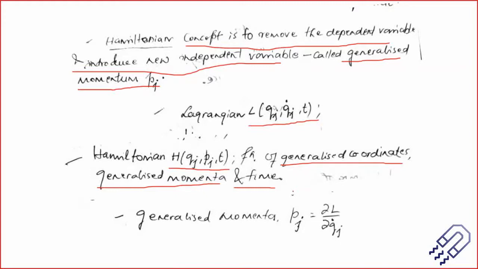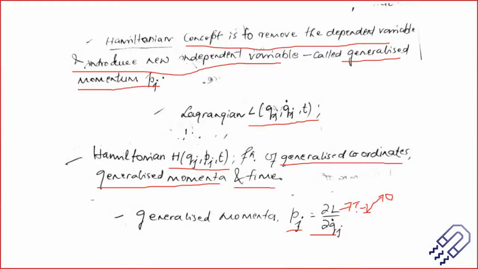This is something you are going to come across again and again, and we have already derived it in the first unit. We said that pj is nothing but the generalized momentum. Because L is equal to T minus V, and V is equal to mgh, which does not depend on velocity, that part becomes 0. So del L by del qj dot can be written as del T by del qj dot.